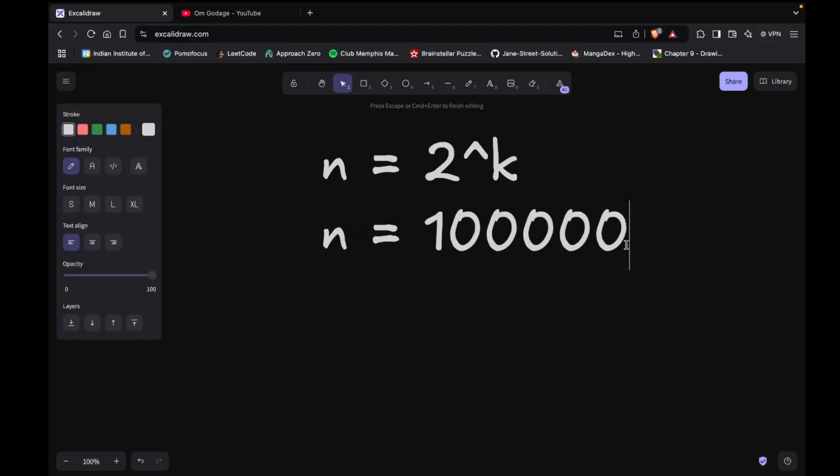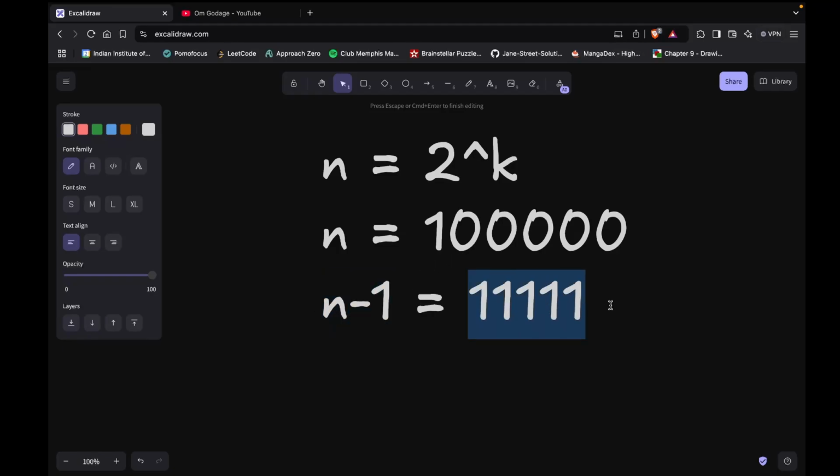So in this case, notice that n minus 1 in the binary form will be 5 ones, 1 2 3 4 5, and there is a 0 over here.